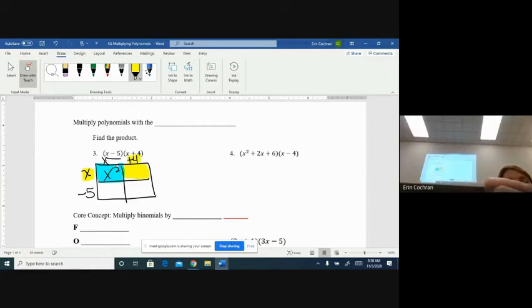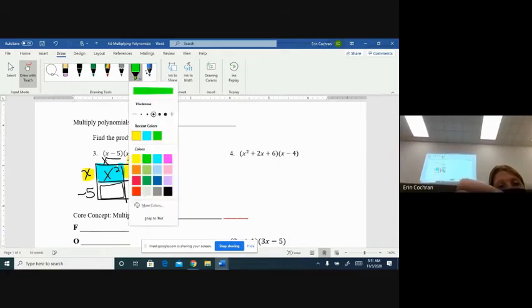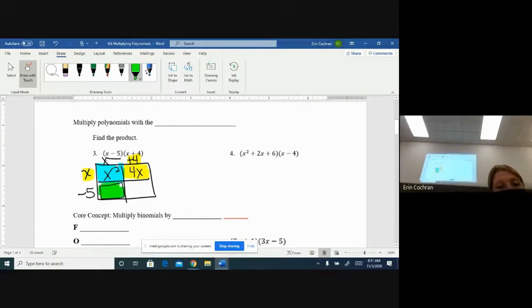And what's x times 4? 4x. To get this one here, I'm multiplying negative 5 and x. And what's negative 5 times x? Negative 5x. And to get the last one, what would I multiply? Negative 5 and 4, and I get negative 20.